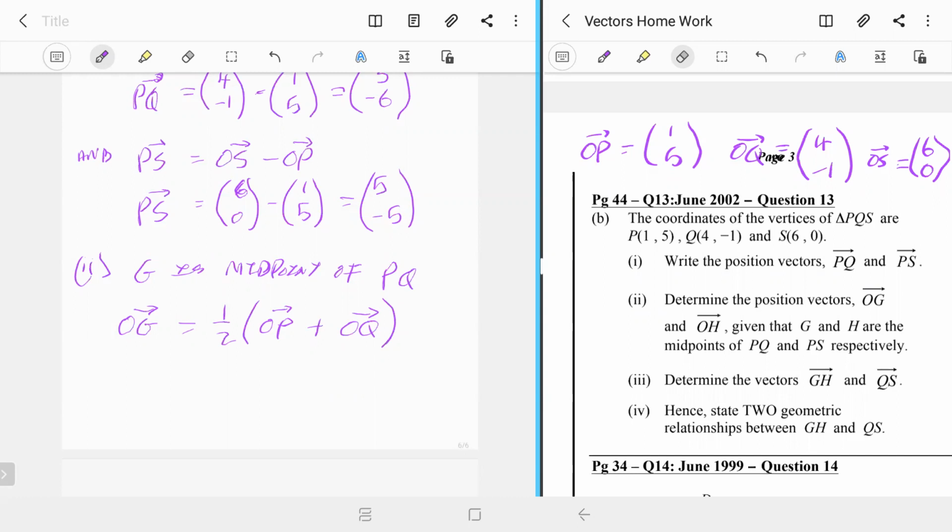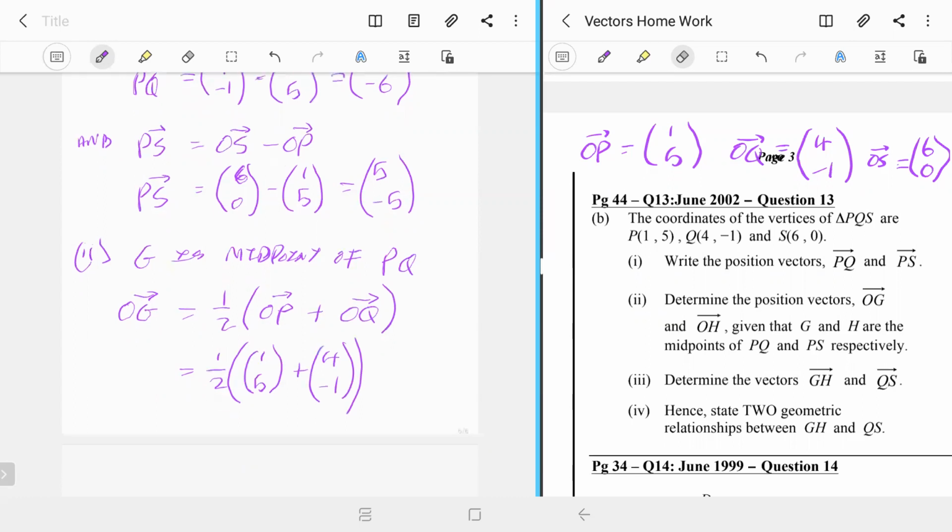Do you understand that? All right, good. So we're going to work it out now. It becomes half of OP, which is 1, 5, plus OQ, which is 4, negative 1. I'm taking half of that.